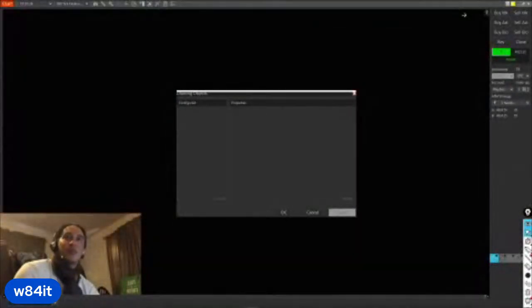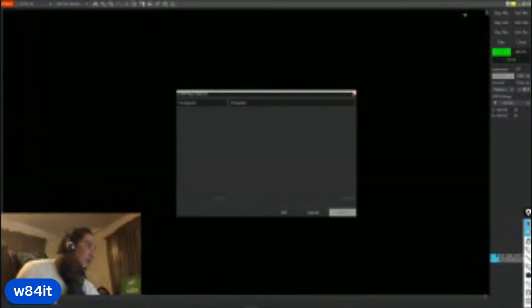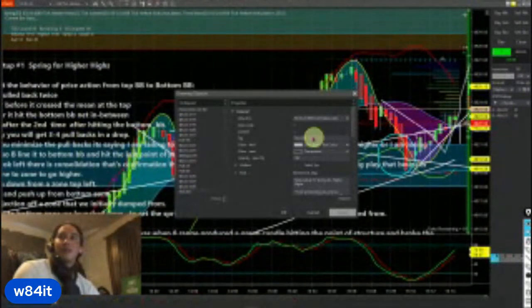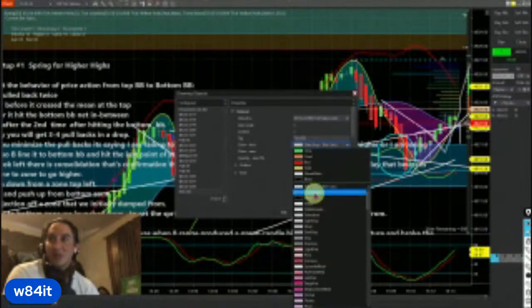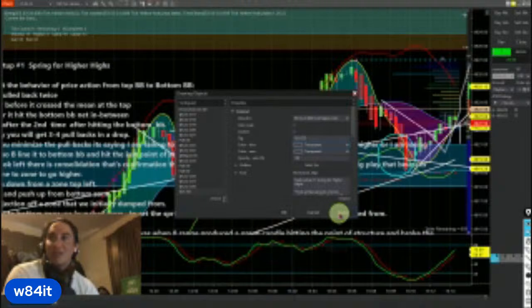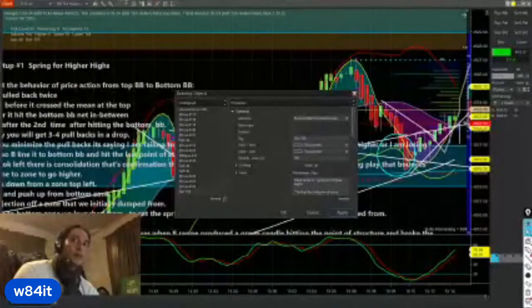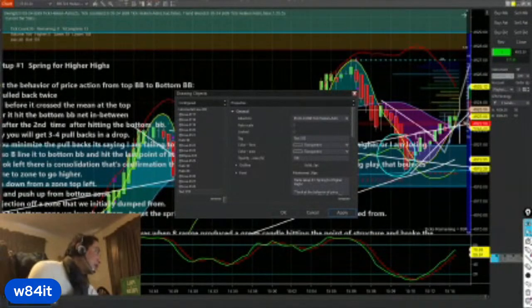I think I broke it. Yeah, make it transparent now. I have no idea what it's doing.